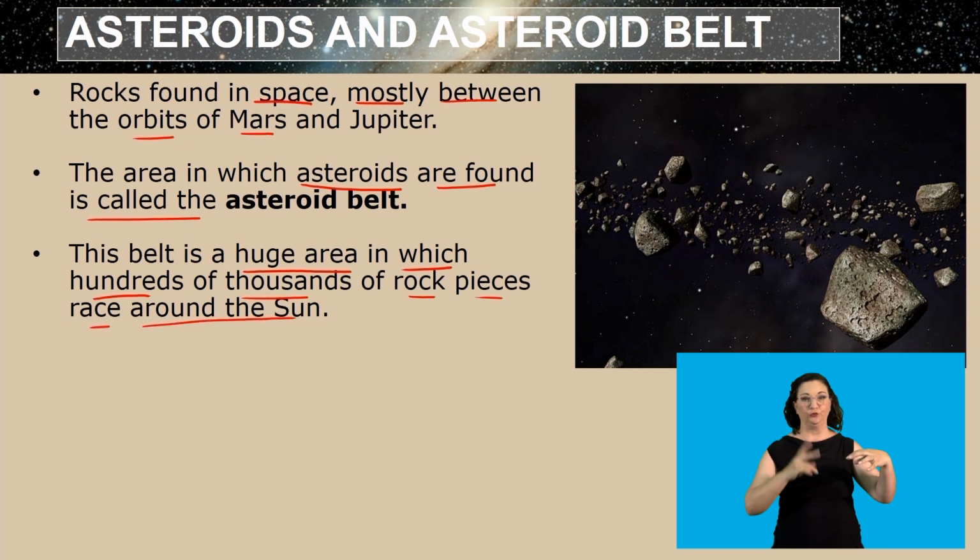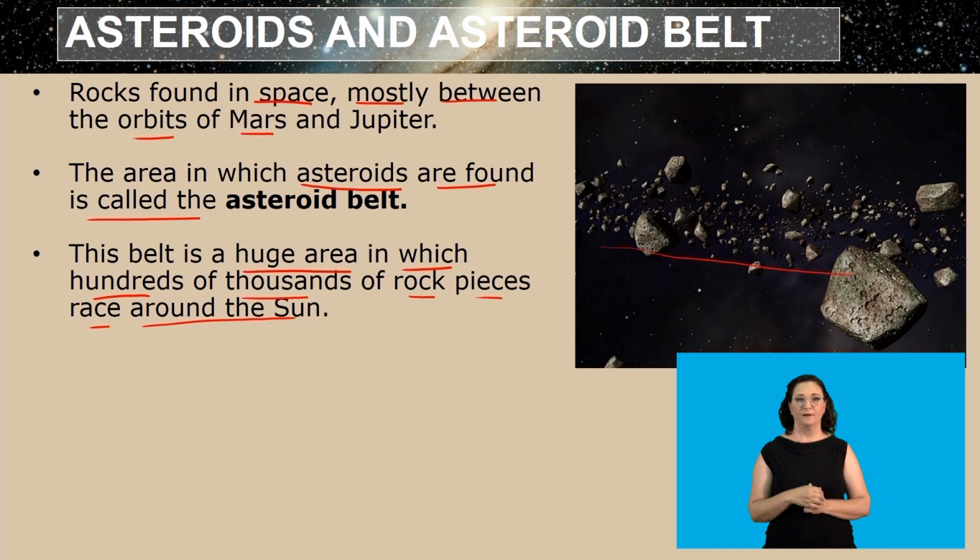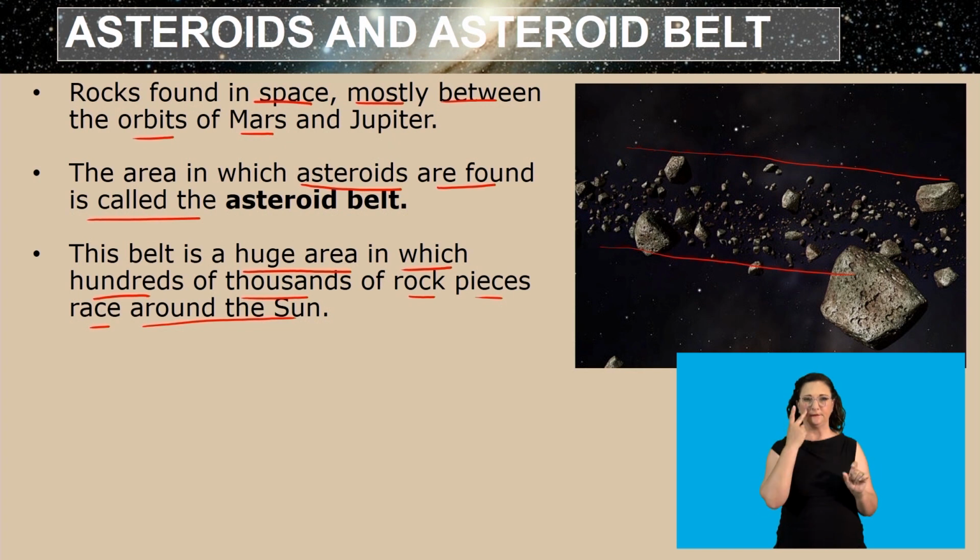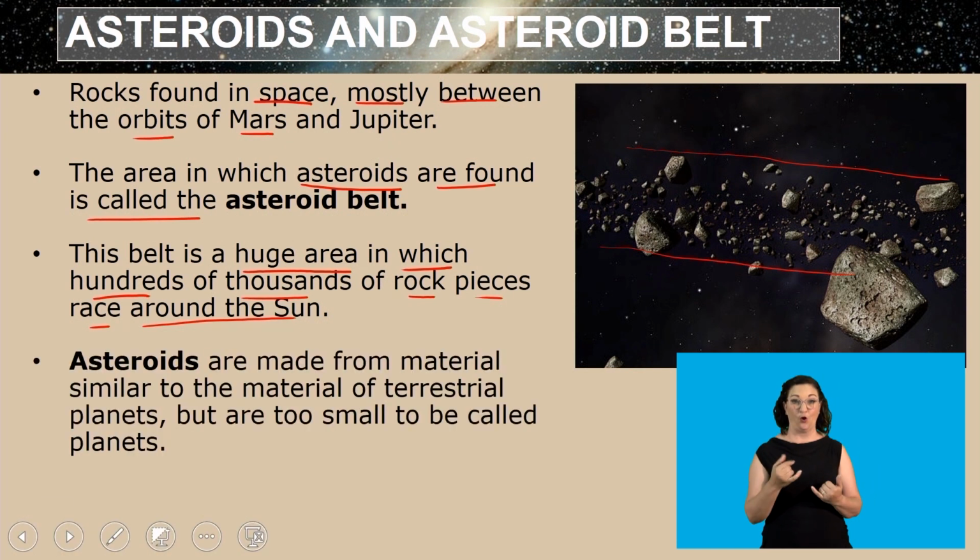If you look at the picture on my right hand side, it shows clearly what the asteroid belt looks like. As you can see, those rocks form sort of a belt, okay? Now I hope you understand what the asteroid belt is.